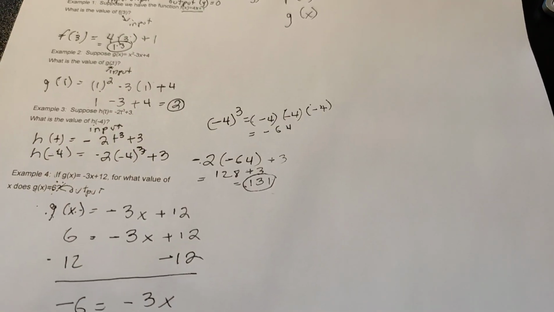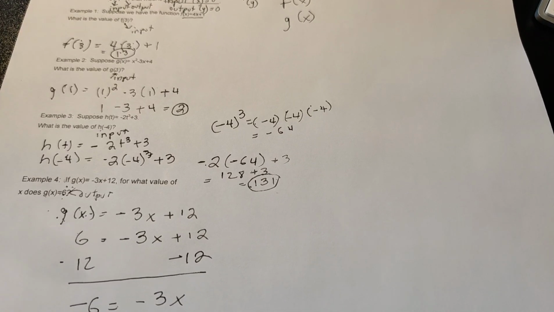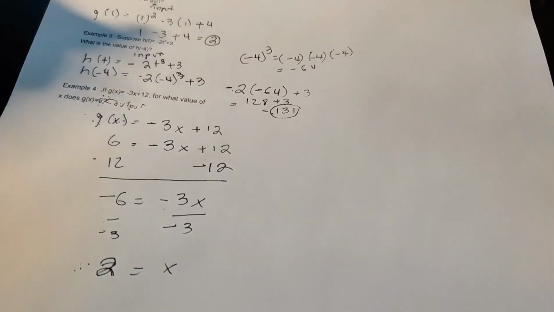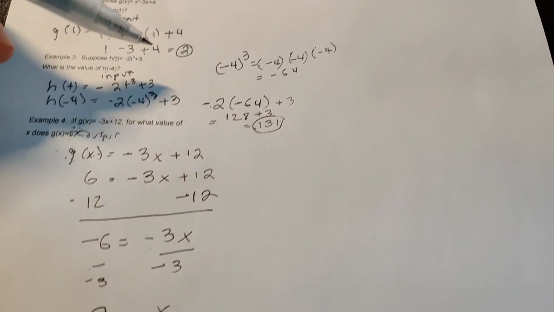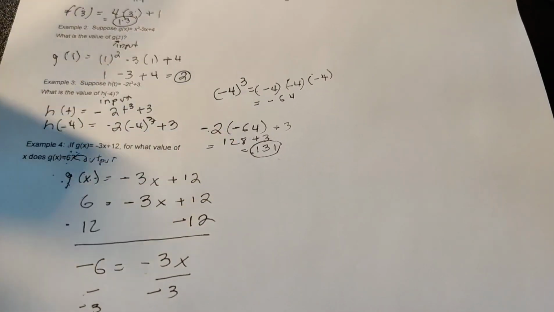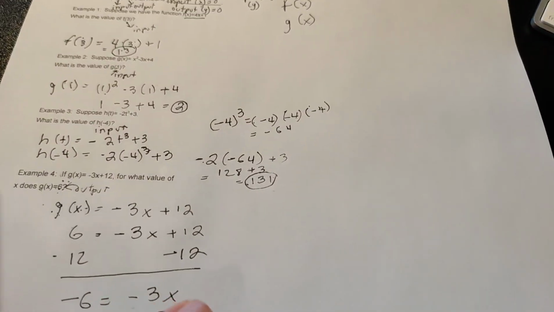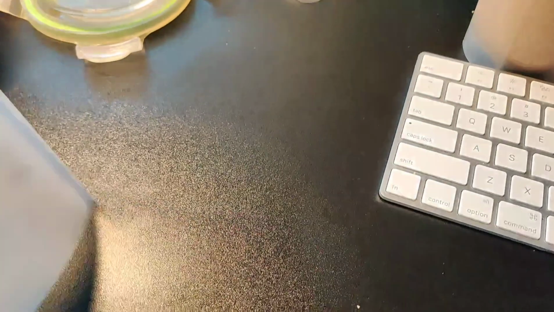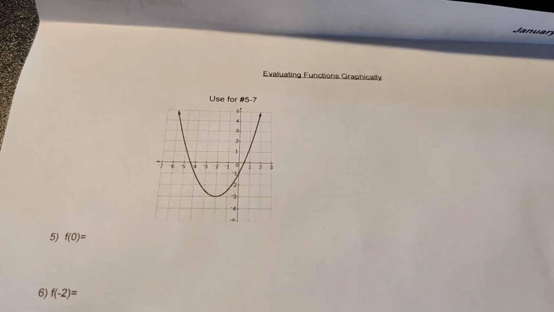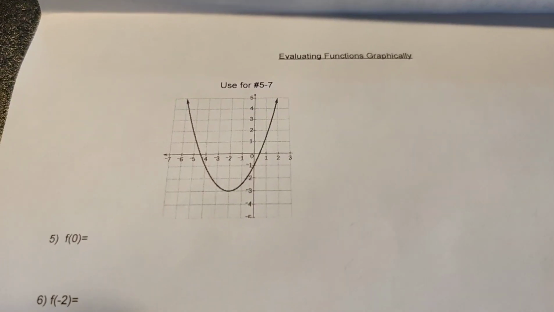Let's turn the page and look at evaluating functions graphically. So we just evaluated them algebraically, meaning by substituting into the function machine or by solving an equation. All right, now we're going to have graphs to work with. Okay, evaluating functions graphically.